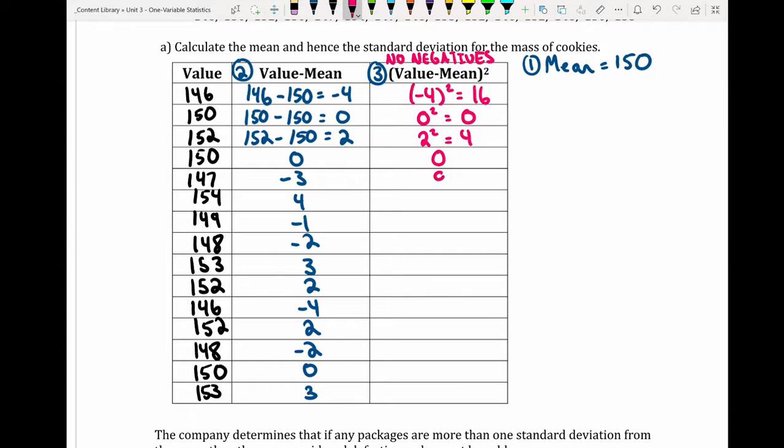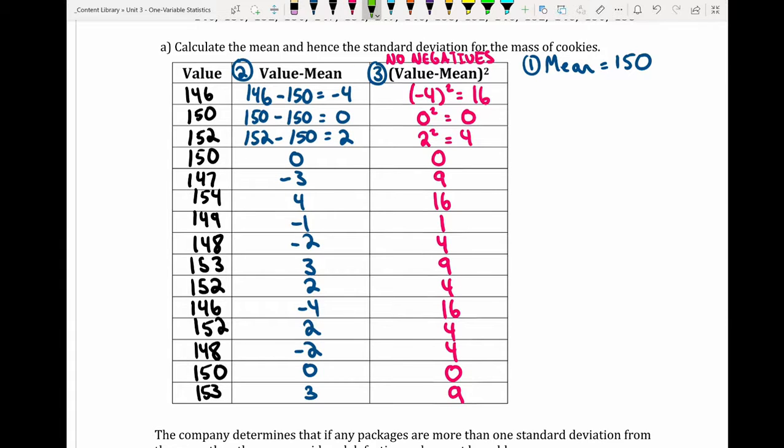So 0, then 9, 16, 1, 4, 9. You can see all of our numbers are positive.